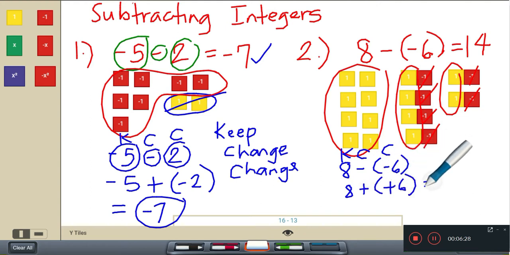So we add that now. Therefore the answer is 14. So go ahead and copy these notes, because we're going to use the rule of subtracting integers with this concept without any model. Pause this video, and I'll give you 5 examples so that you can practice.